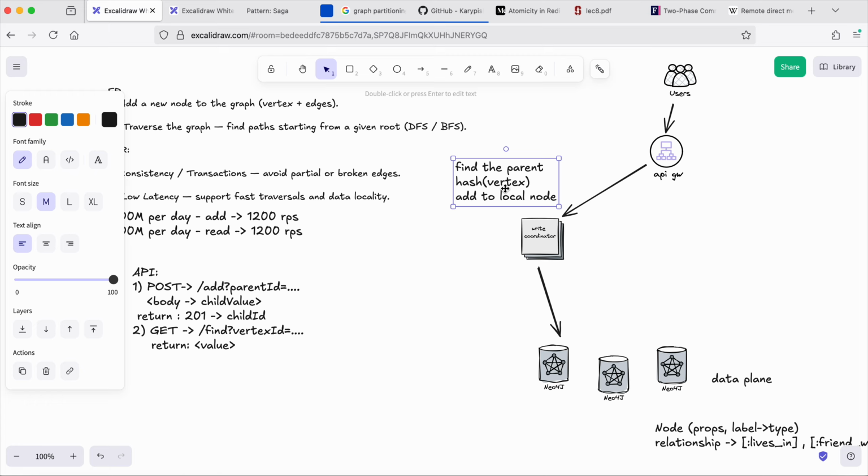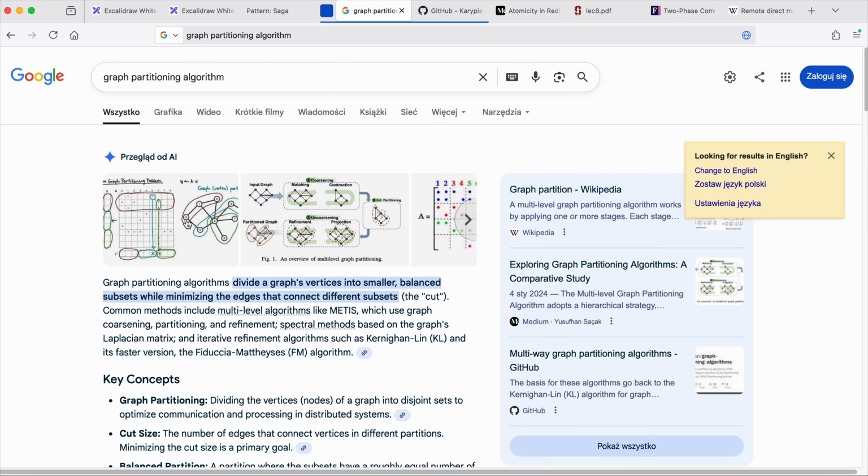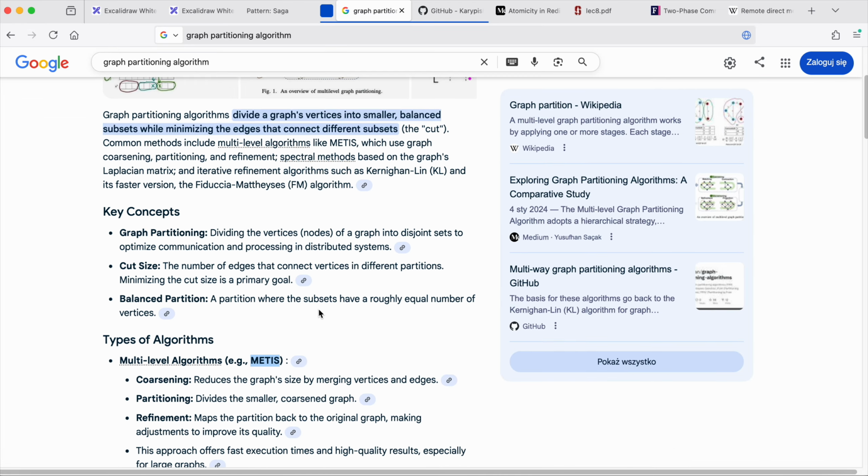And here we should play with some other algorithms which are about graph partitioning. You may Google around about it, and there are a lot of concepts for how to deal with it.